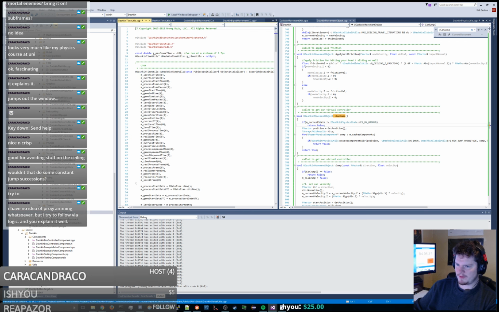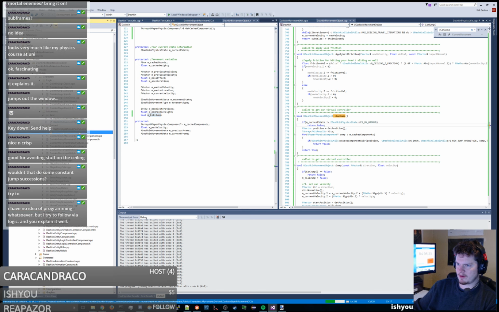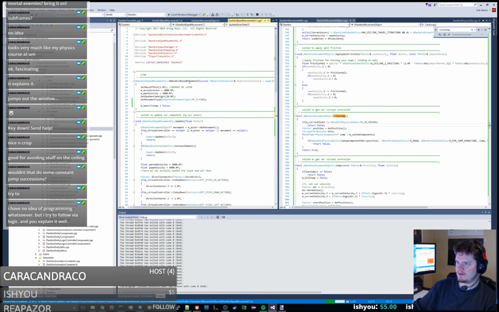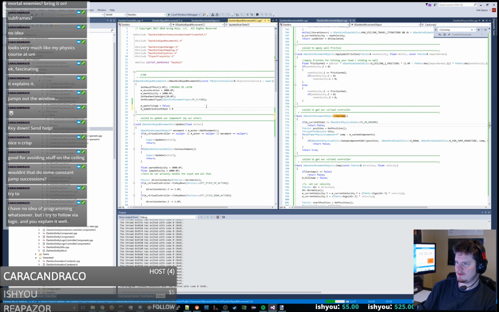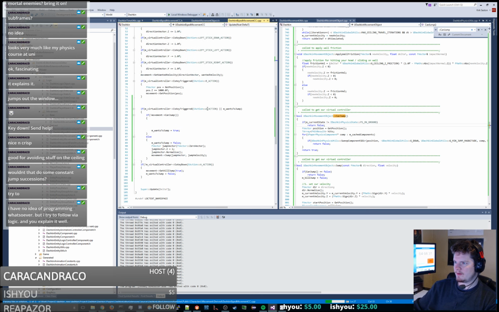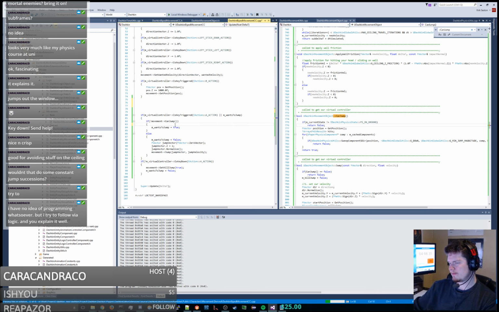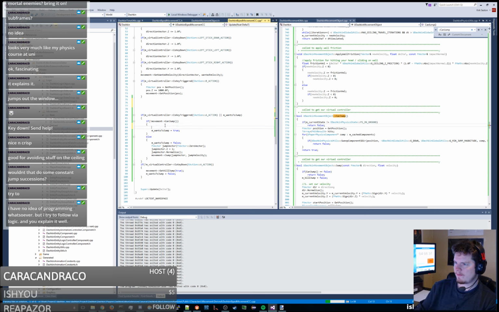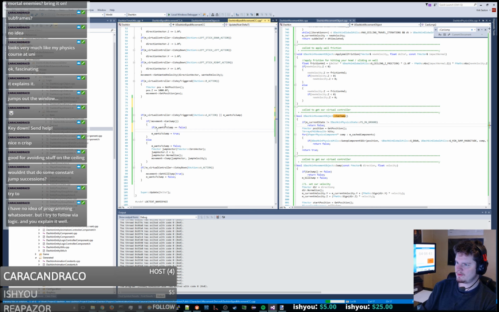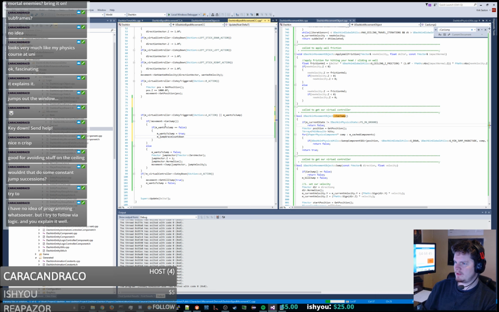Since we don't have to be absolutely precise with this, what we can do with our movement CC is set this to 0 to start with. If m wants to jump equals false, then we set it to true, and we set our jump grace countdown to our period.